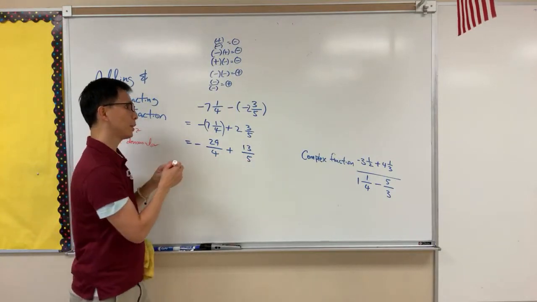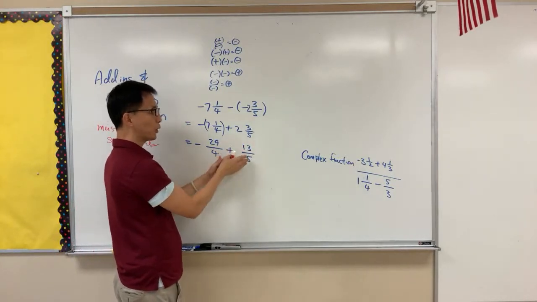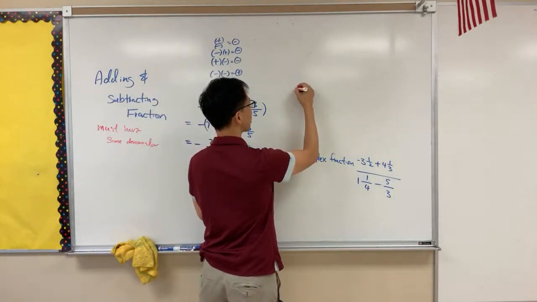So we're going to multiply this number by something, but we don't want to change the number. What we're talking about is multiplying by the magic number 1.